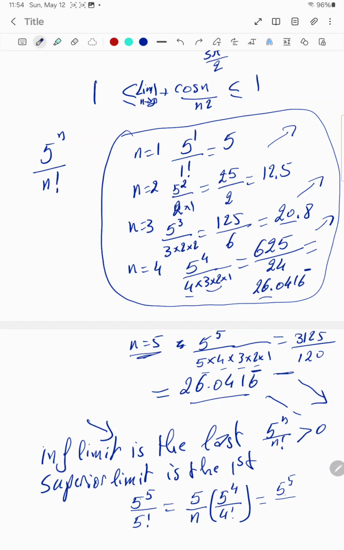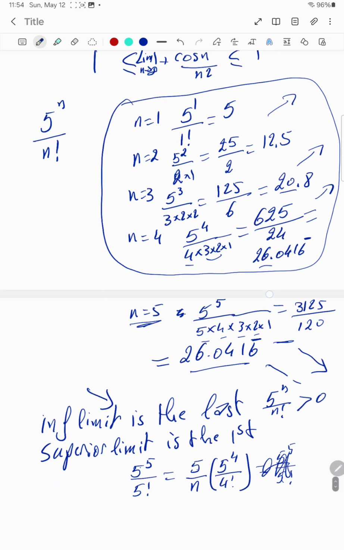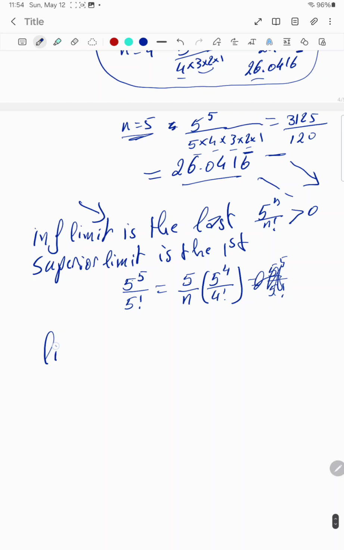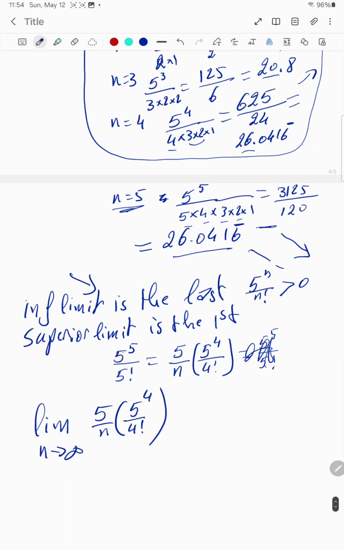Because my fifth term is 5, it becomes 5 factorial. So I want to study my limit when n goes to infinity of 5 divided by n times 5 to the power of 4 divided by 4 factorial. And when n goes to infinity, 5 divided by infinity is 0, multiplied by anything is 0. So my series converges towards 0.